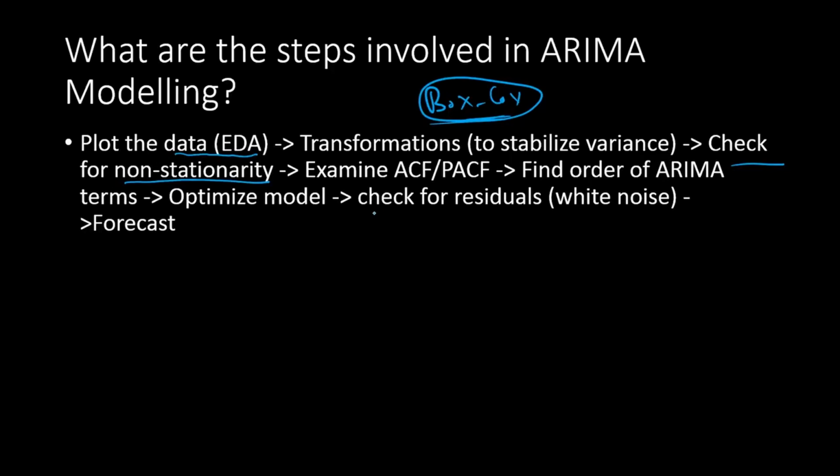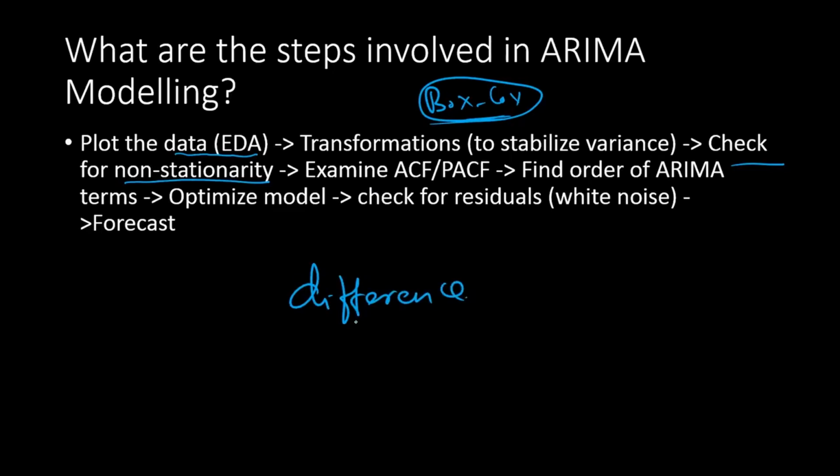But if it is non-stationary, you can test for non-stationarity, or you can just check it by plotting, or use some statistical test. If it is non-stationary, then you have to take the difference.